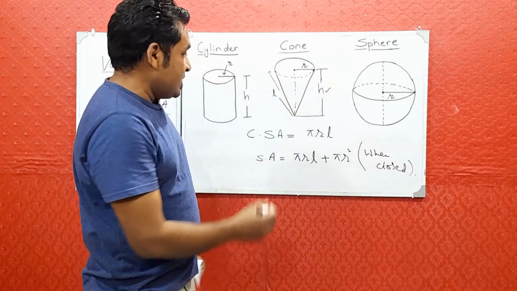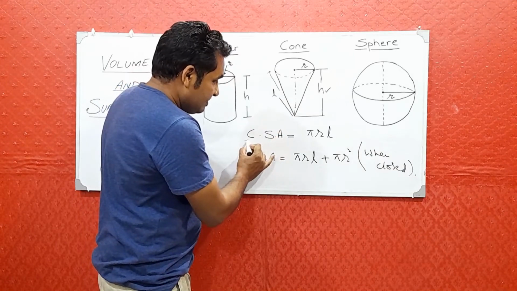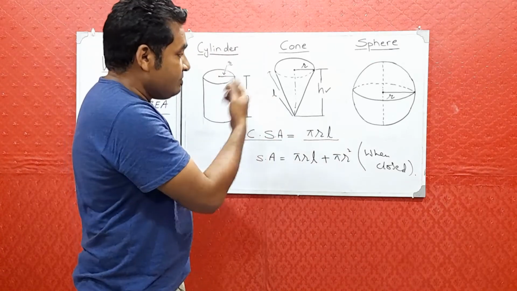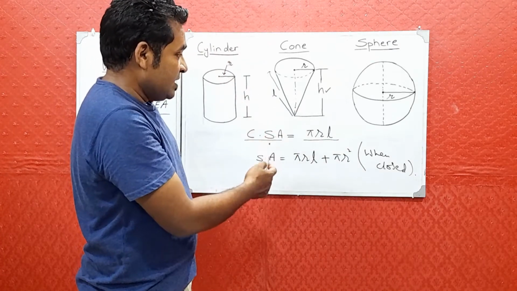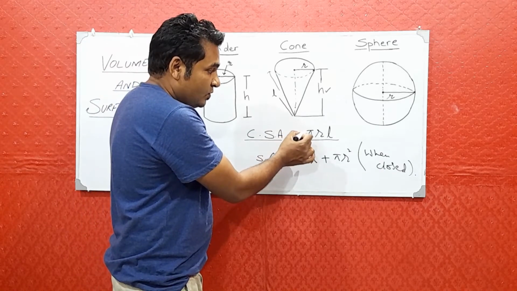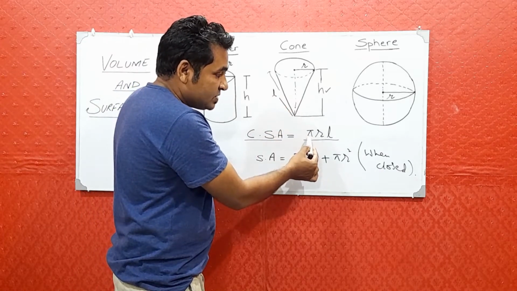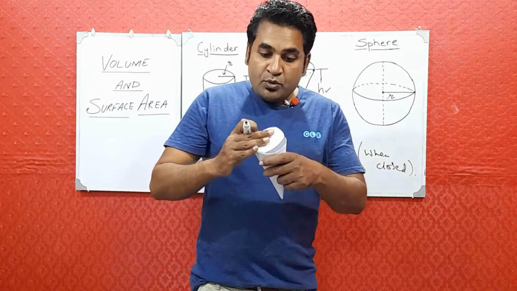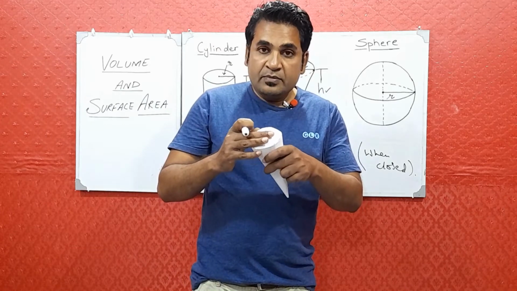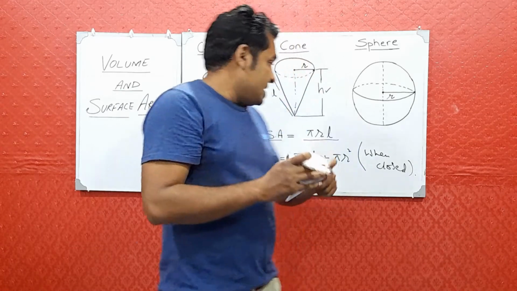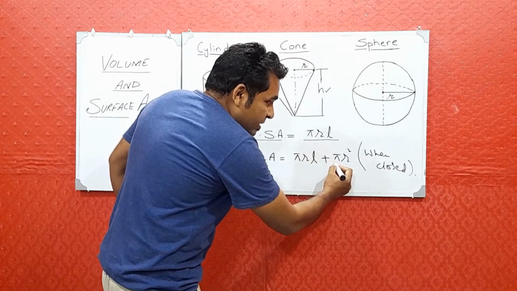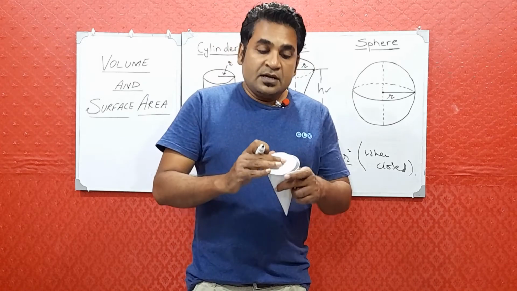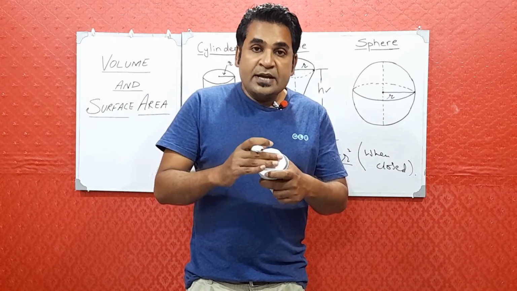So it means that when the cone is open, you will use only the curved surface area, because this curved surface is actually making the shape a cone. To find the area of that curved surface, we use pi r l. When it is closed, when it has a cap at its top, we are supposed to add pi r square, because we are adding a circular surface to one end of the cone.